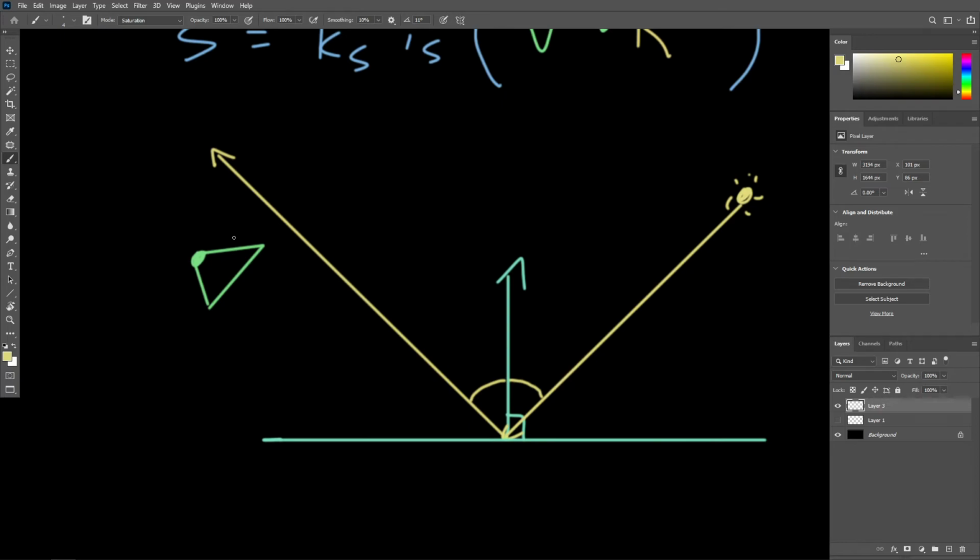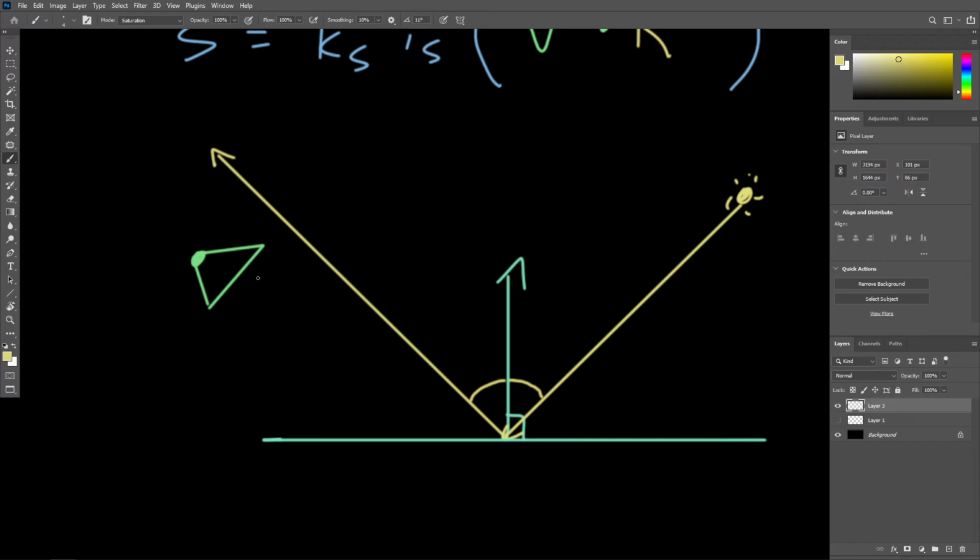All right, so let's just say, for the sake of example, if our camera was positioned exactly at the ideal reflection vector, we would be getting the maximum specular light intensity off this surface point.